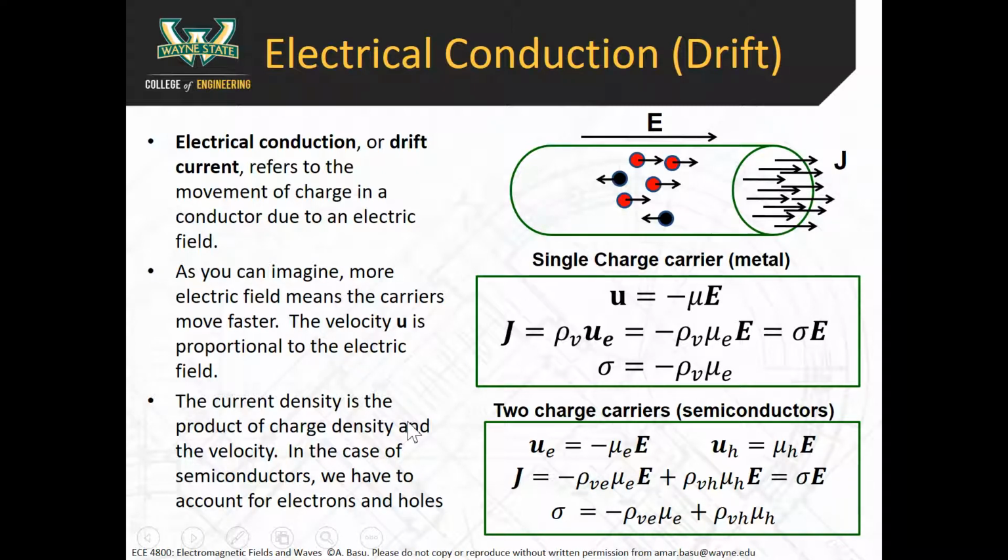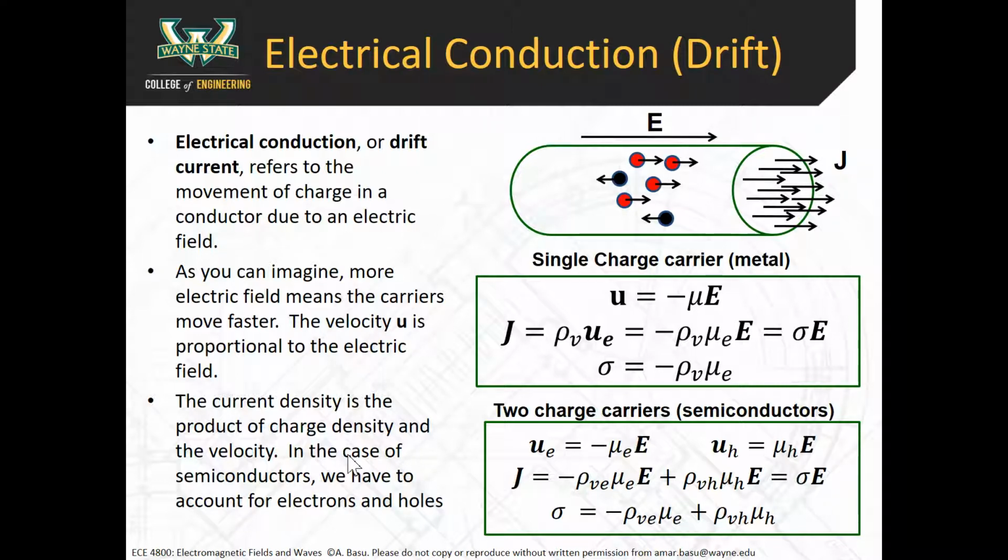Whenever you have an electric field, negative charges move opposite the electric field, and positive charges move in the same direction as the electric field. If you put a stronger electric field on, the charges are going to move at a faster velocity, and you're going to end up getting more current.